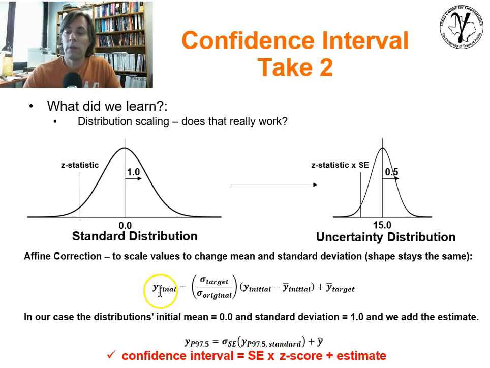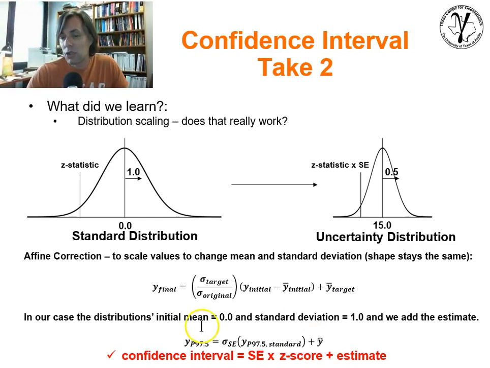The full form would be the initial value you put in, y initial, subtract out the sample mean, so you center it at 0, scale it by the target standard deviation divided by the original standard deviation, and add the target mean in, and that will shift it back to the right location.